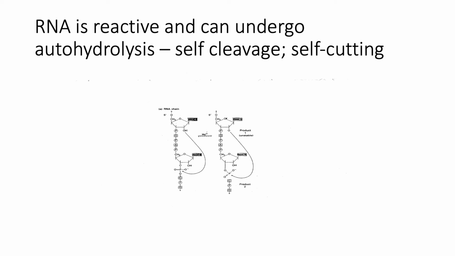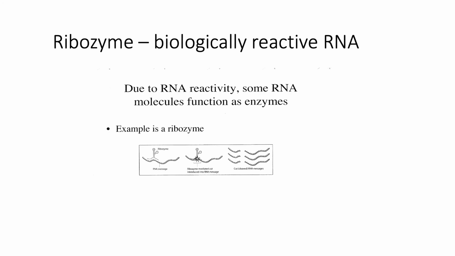So RNA has this biological activity, and we see that in a particular type of molecule, which is called a ribozyme, which is an RNA-based enzyme. So this illustrates simply what a ribozyme is. It's a biologically reactive RNA molecule.